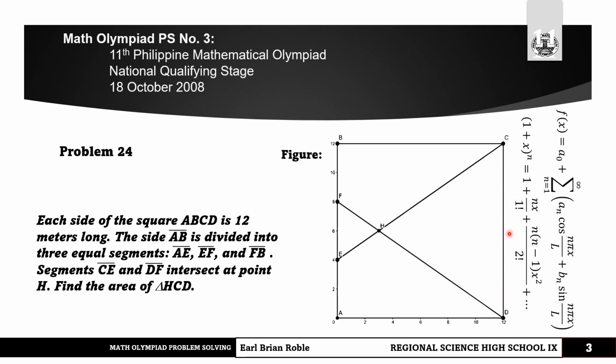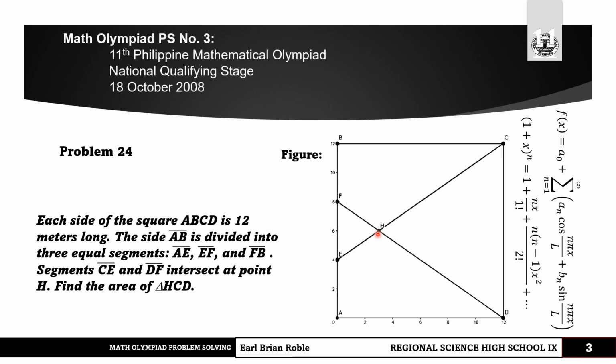And we have to find the height of this triangle. So we can find the height if we can determine the y coordinate of this particular point, or the x coordinate of this particular point H.